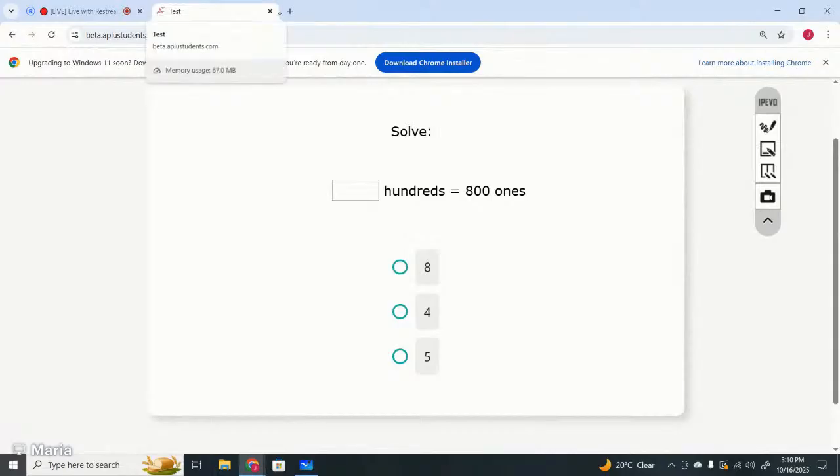Okay, 800 ones equal how many hundreds? 800 ones equal 8 hundreds.